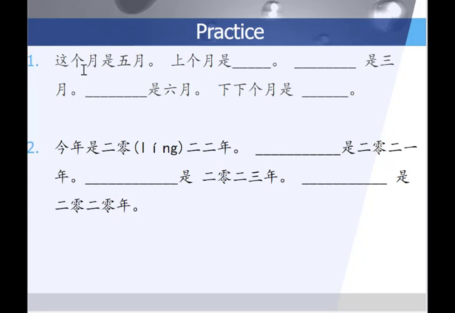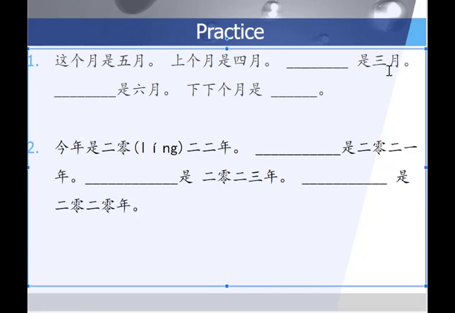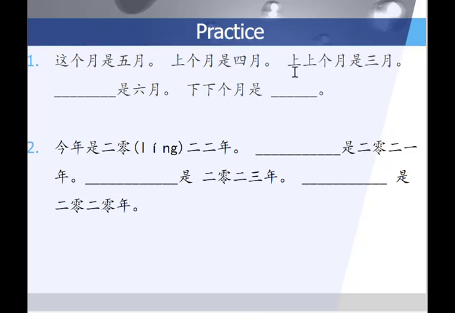Okay, so 这个月是5月. This month is May. So 上个月是 Last month is April, right? April is 4月. And what is March? That would be the month before April. So the answer would be 上上个月.